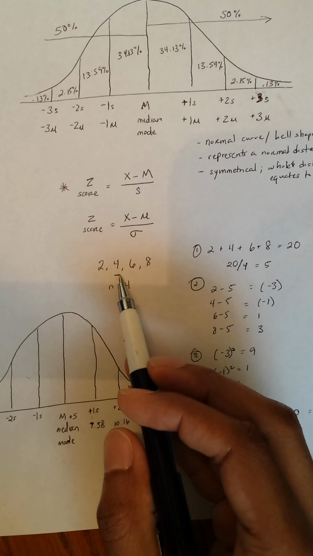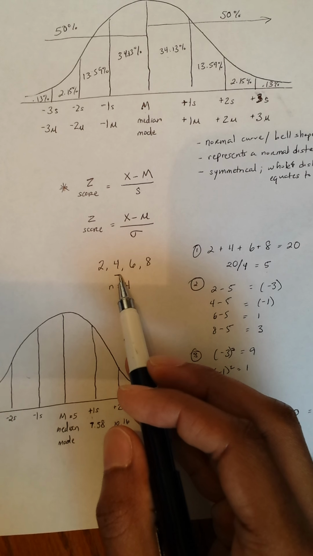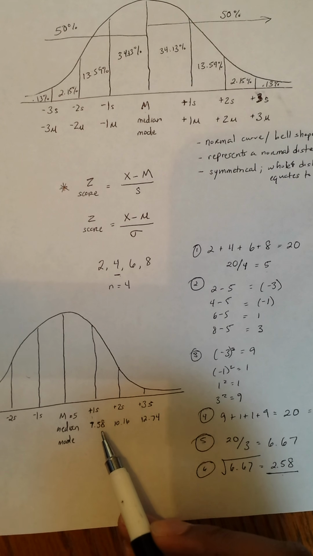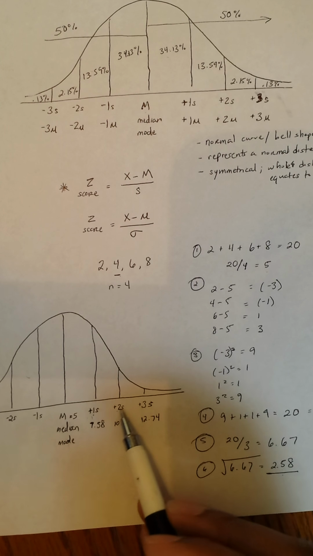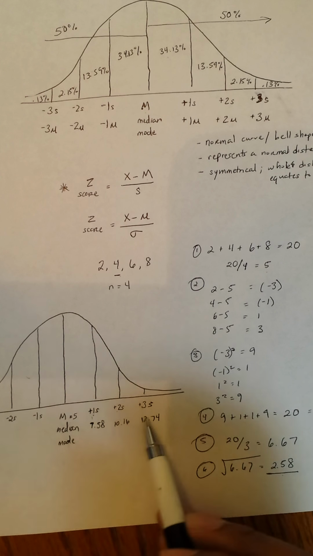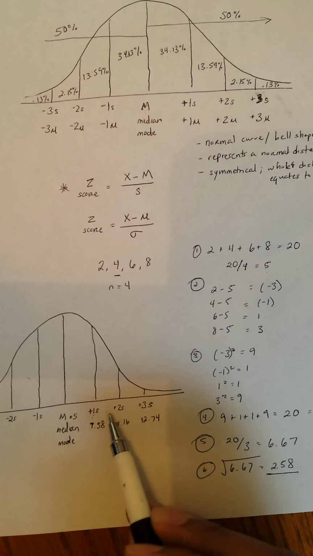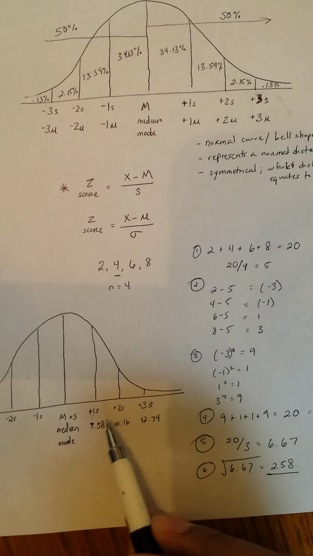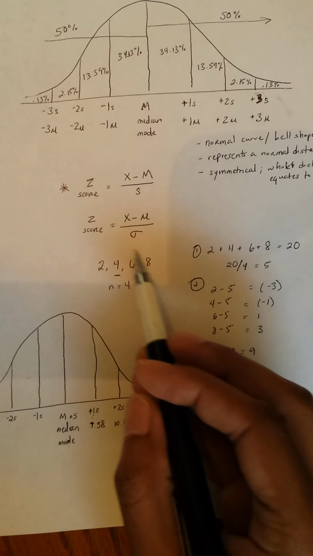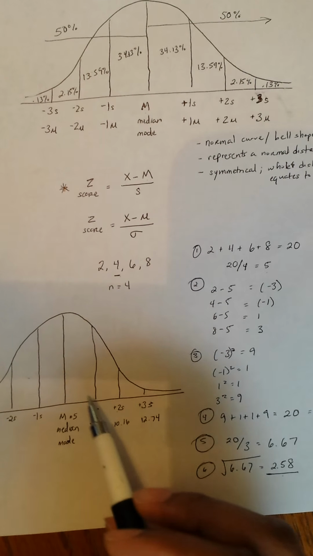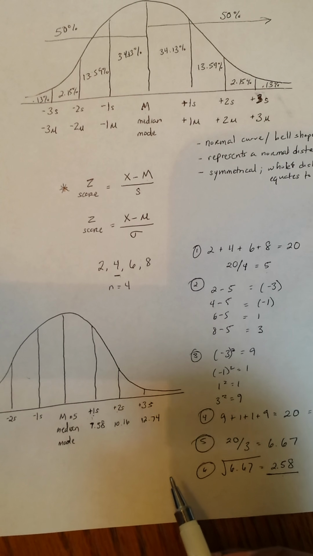Okay, so we wanted to transform it into a standard deviation, which is going to equate to this. Okay, so this is the raw score equivalent, but we want to transform it into a standard deviation so that we can see in regard to this particular sample where that 4 actually falls.